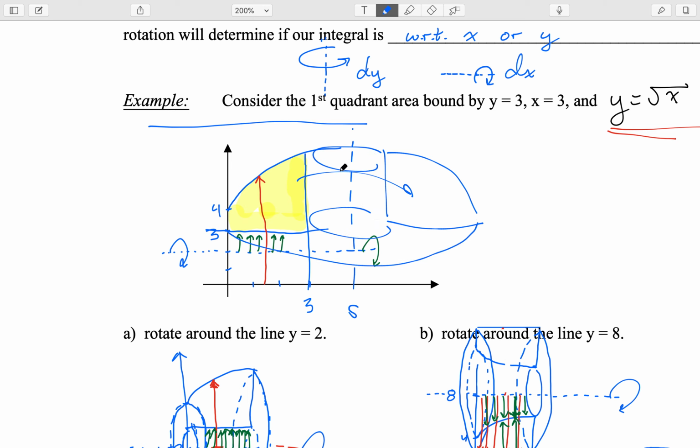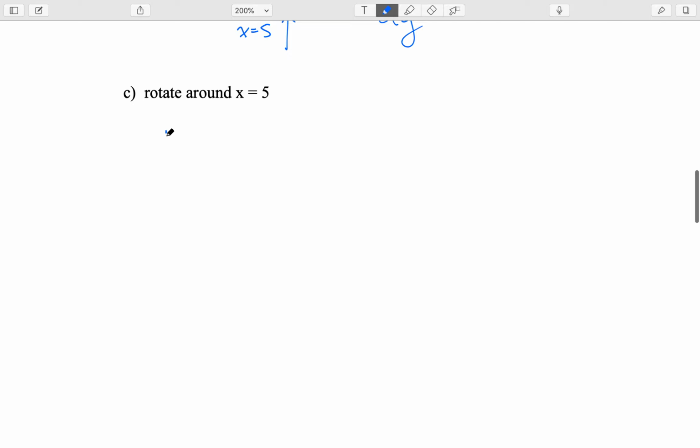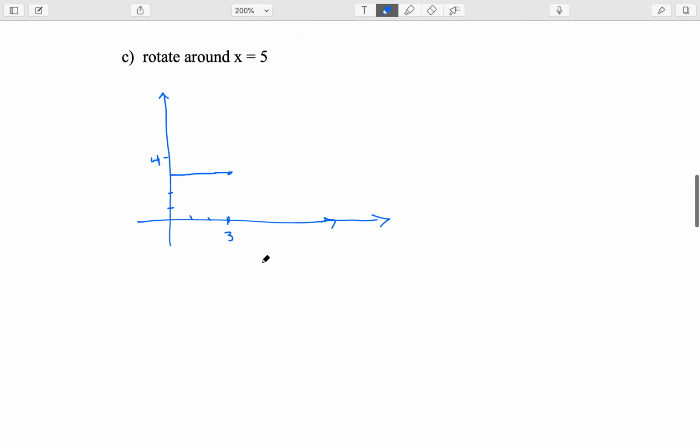Okay, so see if we can draw this thing. One, two, three, four. Three. One, two, three. And this is going to be going around x equal to 5.